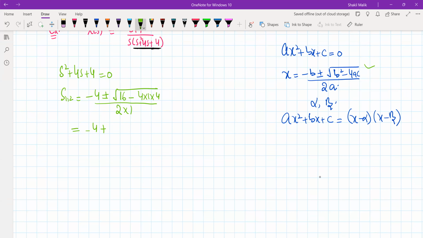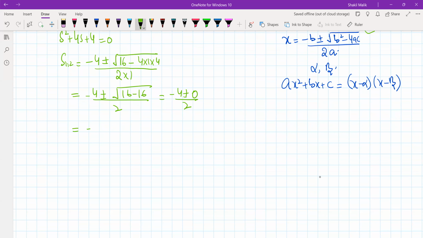So it will be minus 4 plus minus the square root of 16 minus 16, divided by 2, which is minus 4 plus minus the square root of 0, divided by 2. That means the roots will simply be minus 4 divided by 2, which is equal to minus 2.